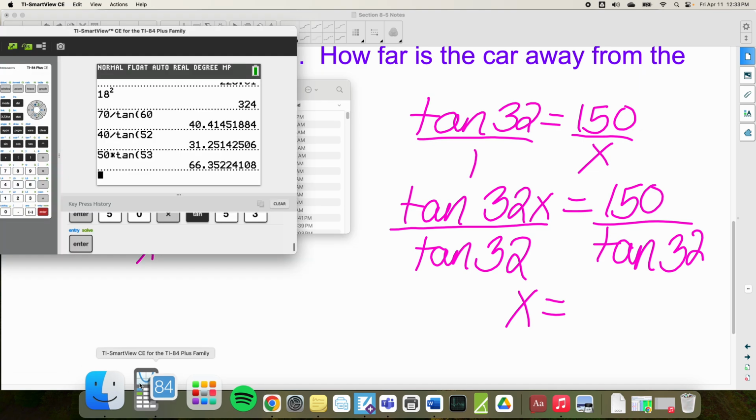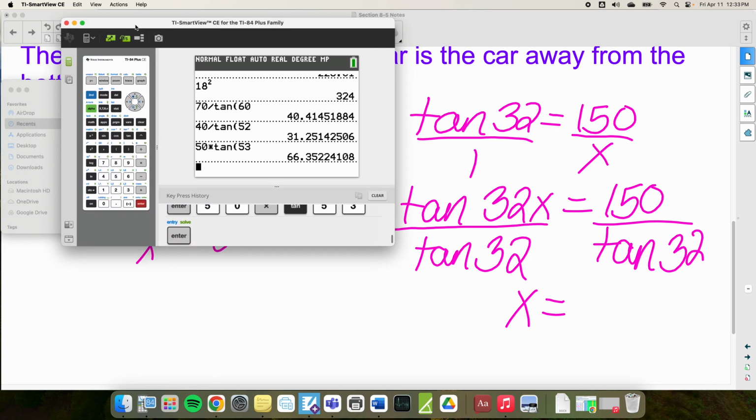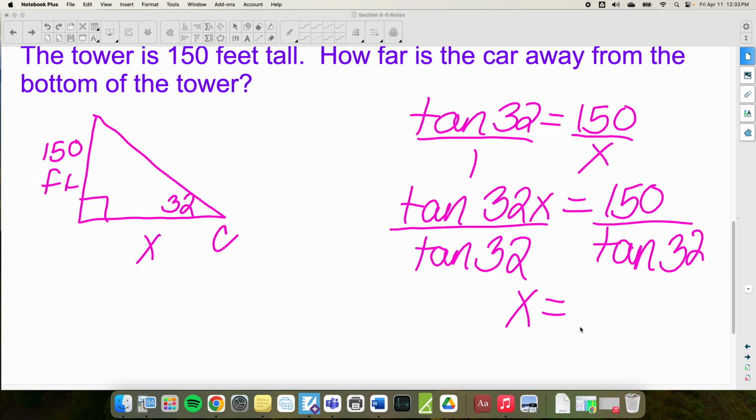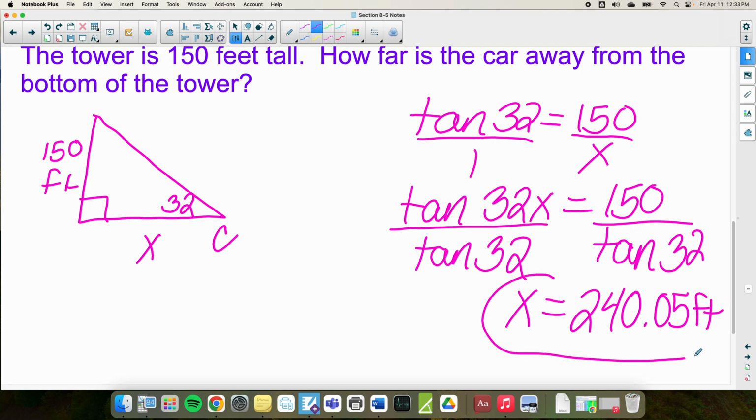Oh, Noah's handing them over. It's taking a sweet time. I thought you were actually watching me when you were writing. Do you know what you're doing? I just want to get it started. What's the answer? 240.05.